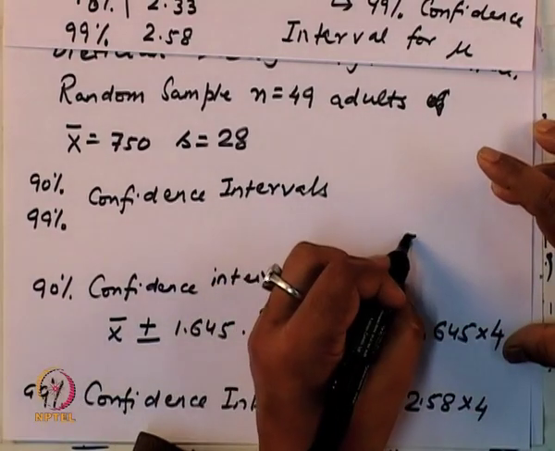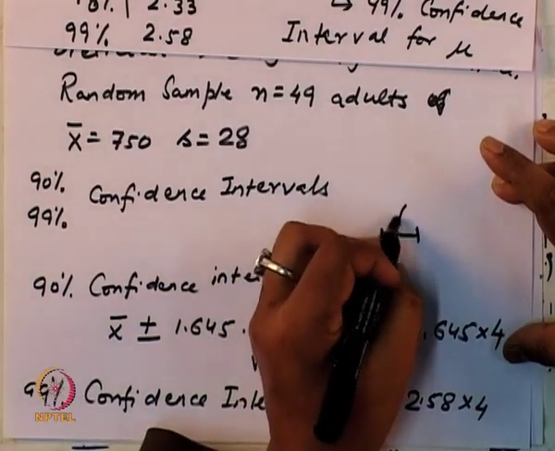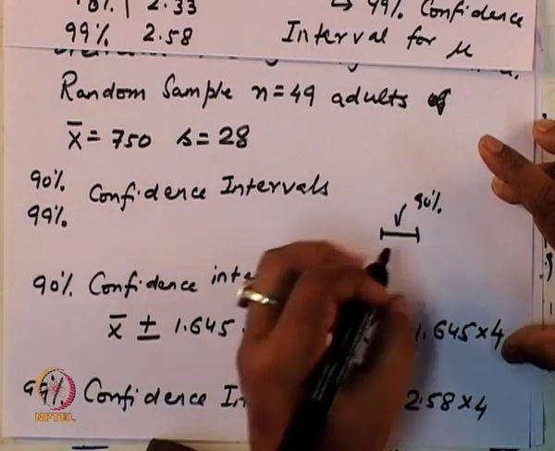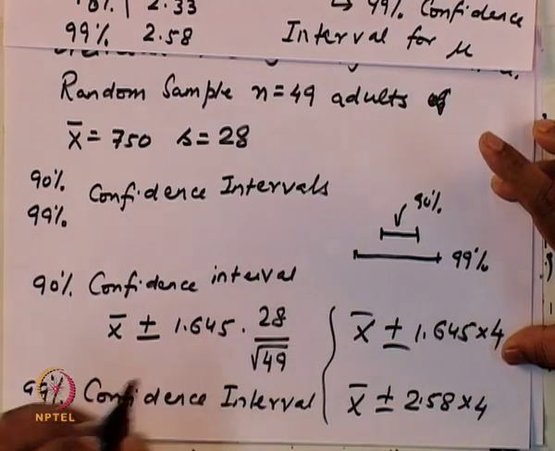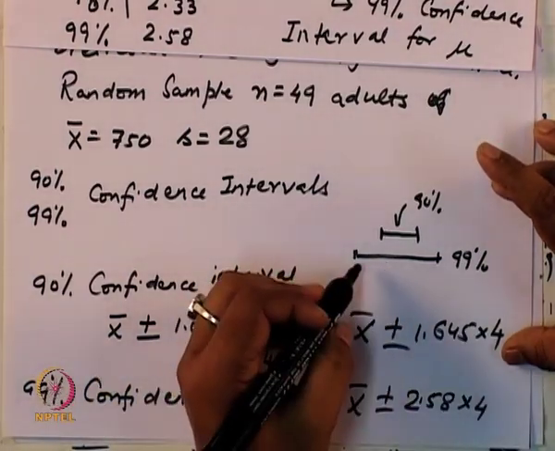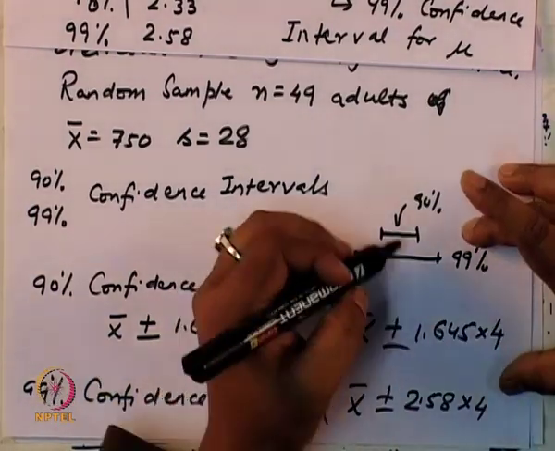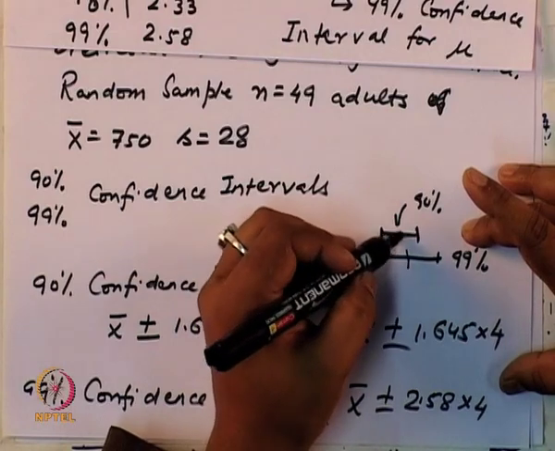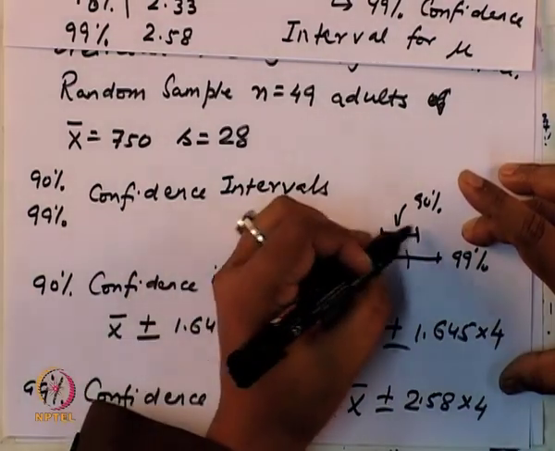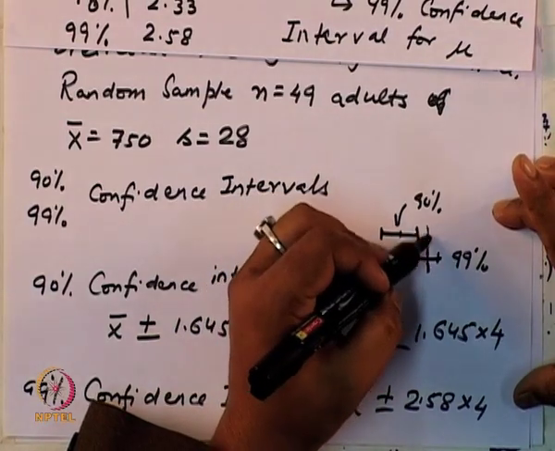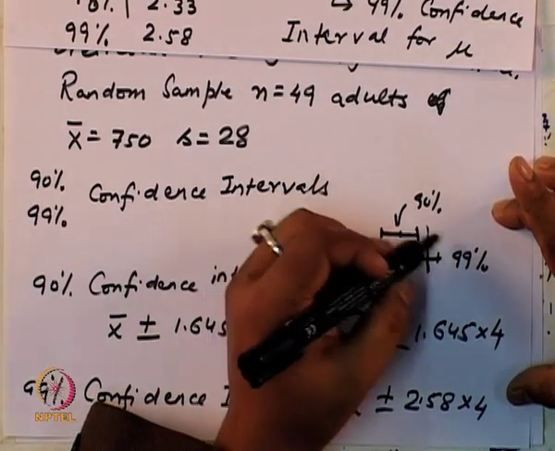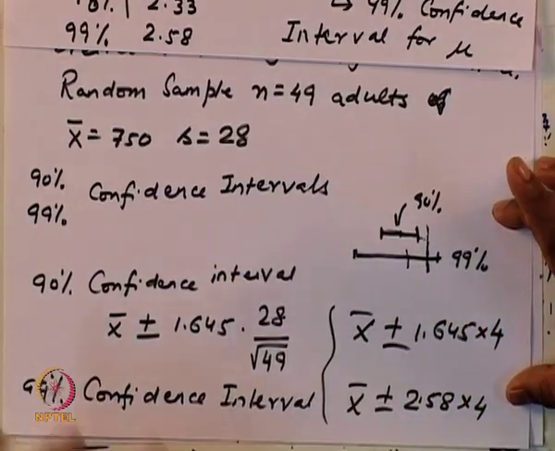In other words, if this is the interval length for 90%, the interval length for 99% is larger. So, this increases the chance that the population mean will lie within it, versus if you choose a tighter range, there is a greater chance that your population mean will lie outside this.